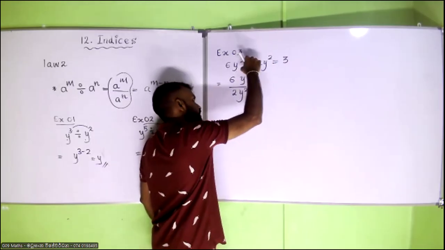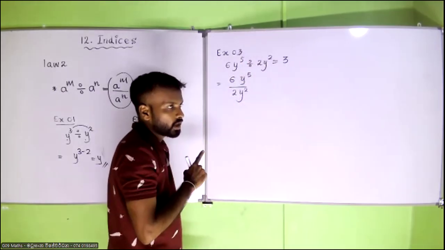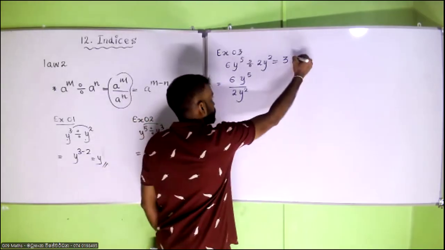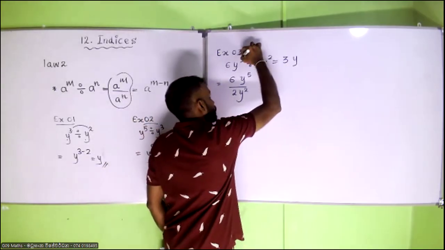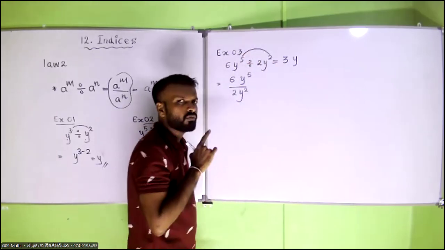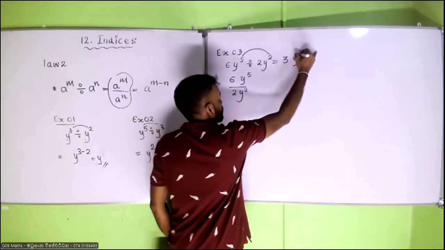Y to the power 5, y to the power 2. Same base, so y. 5 minus 2, 3.